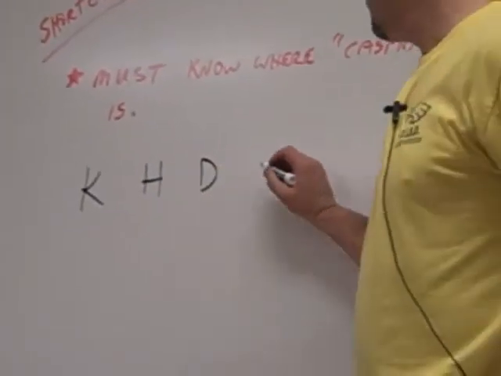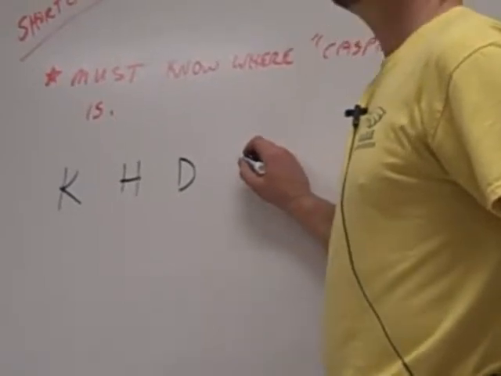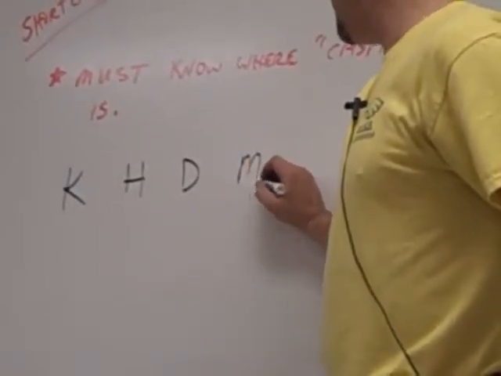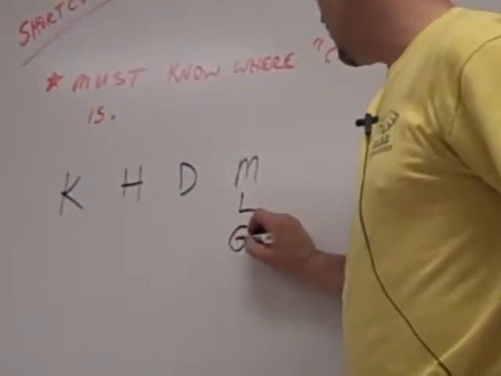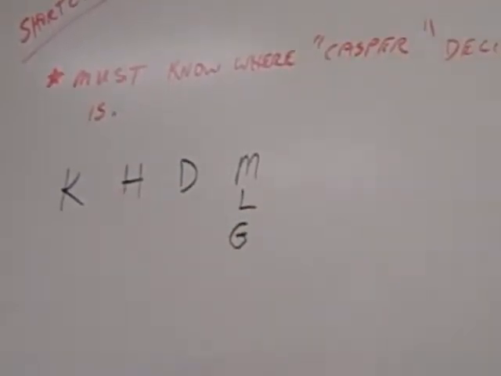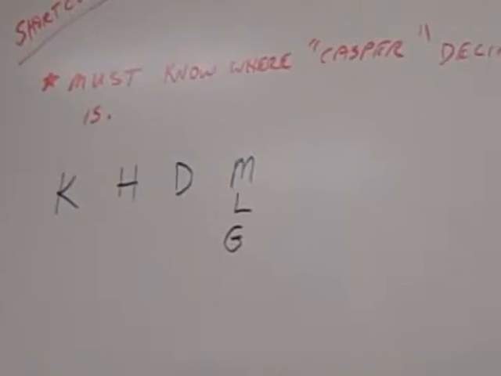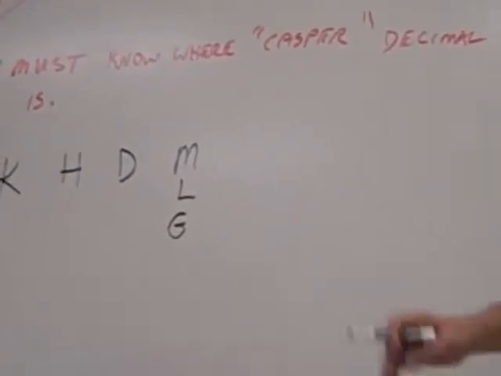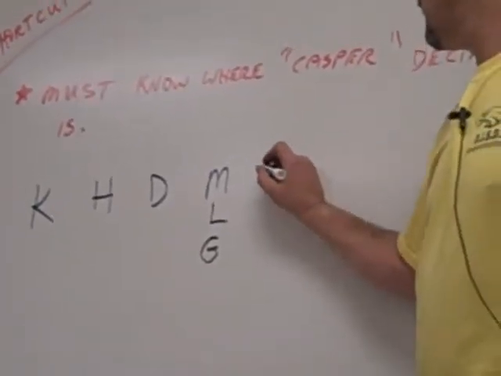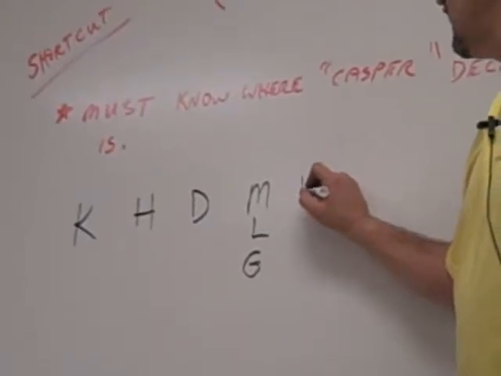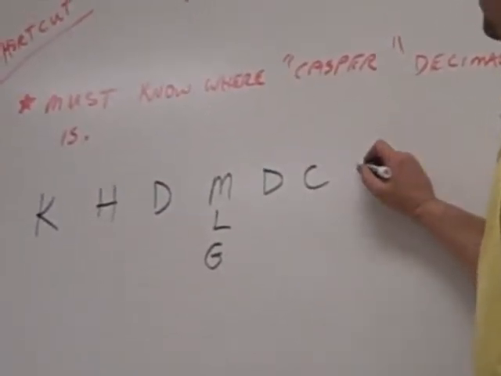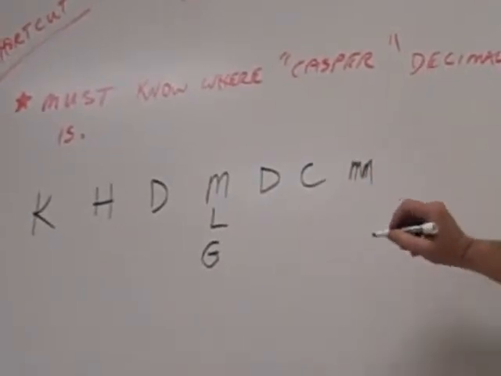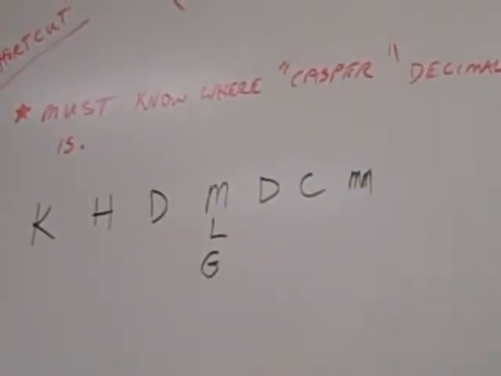You with me? Then meters or liters or grams. Gallons is not metric. Grams, thank you very much. Then deci, centi, and milli.